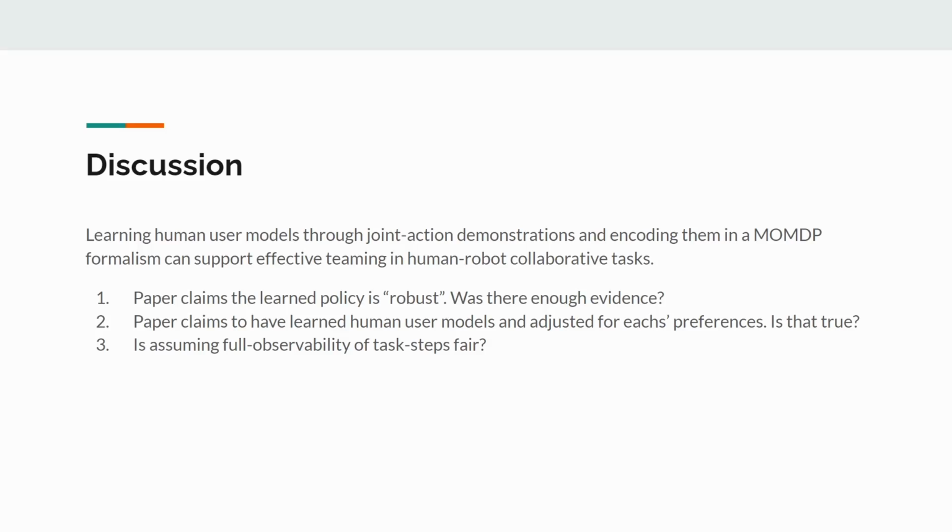We don't really know how different the human demonstrators actually were, or if the robot was just doing something that the human perceived as intelligent. So we don't know for sure that the robot modeled the exact user preferences. And the third question that we had is: is assuming full observability of task steps fair?